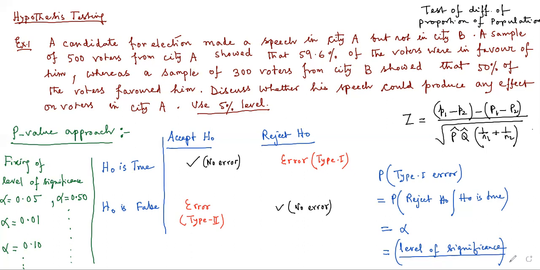That is one part. The second problem arises from the technicality of the normal curve and the level of significance. That technicality I must discuss first of all.